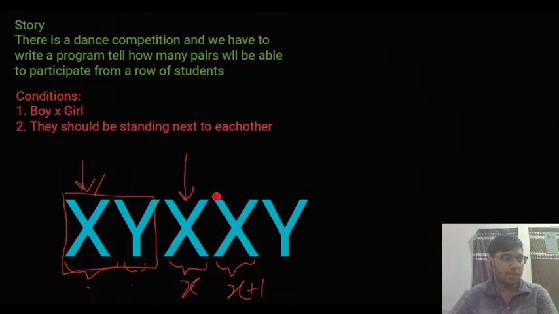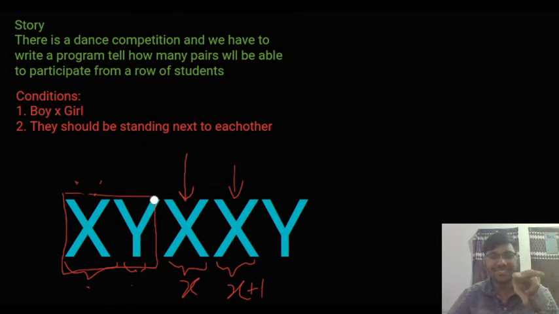Because these two are not distinct, we will jump the pointer 1 space, and now the pointer is over here. So if these two are distinct, we jump the pointer 2 spaces. If these two are not distinct, we jump the pointer 1 space.